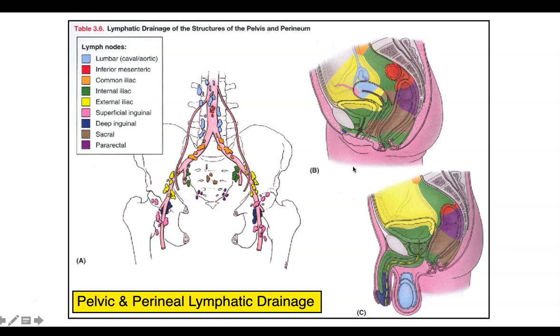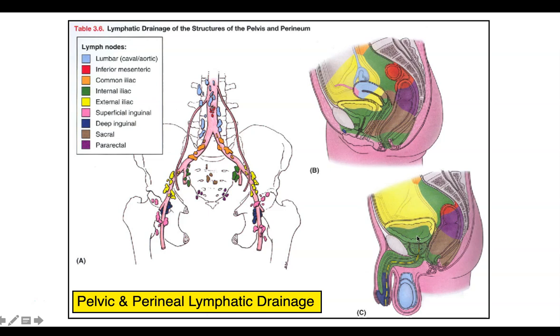The lymphatic drainage of the pelvis and perineum mainly drains into the internal iliac lymph nodes. See, all these green ones are the internal iliac lymph nodes. They mainly accompany the arterial supply.